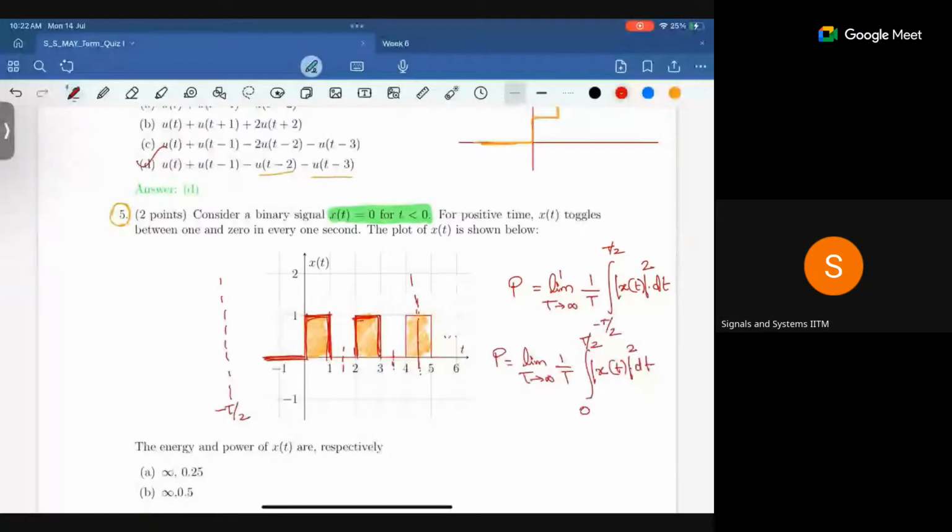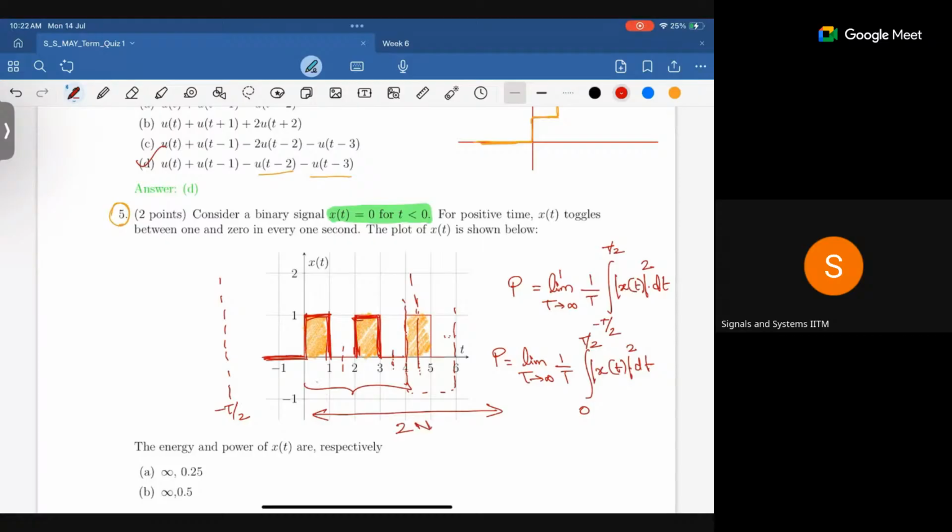For 4 seconds, there will be 2 rectangular pulses. So like that, for 6 seconds we will have 3 rectangular pulses. So if we have n pulses, the time would be 2n, right? So within n pulses, the time would be 2n. We can think of it like that.